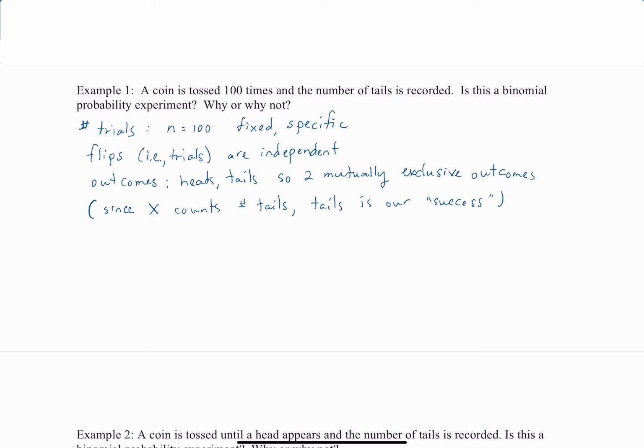So back to the fourth condition, that the probability needs to be the same in each trial. Yes, we have that fulfilled. The probability, that we're calling lowercase p, is 50% in every trial. It does not change.